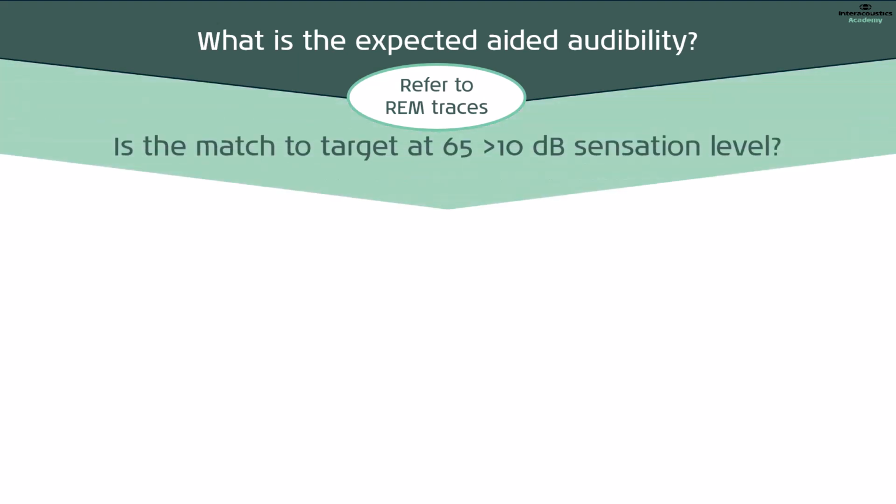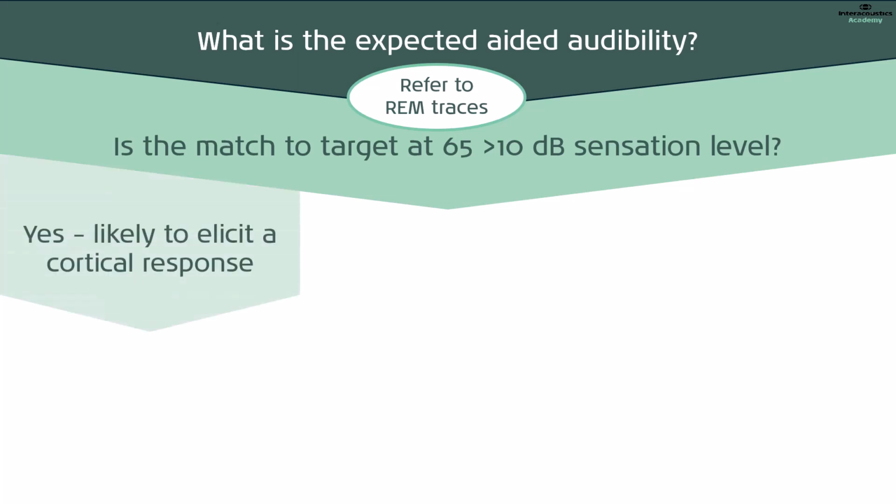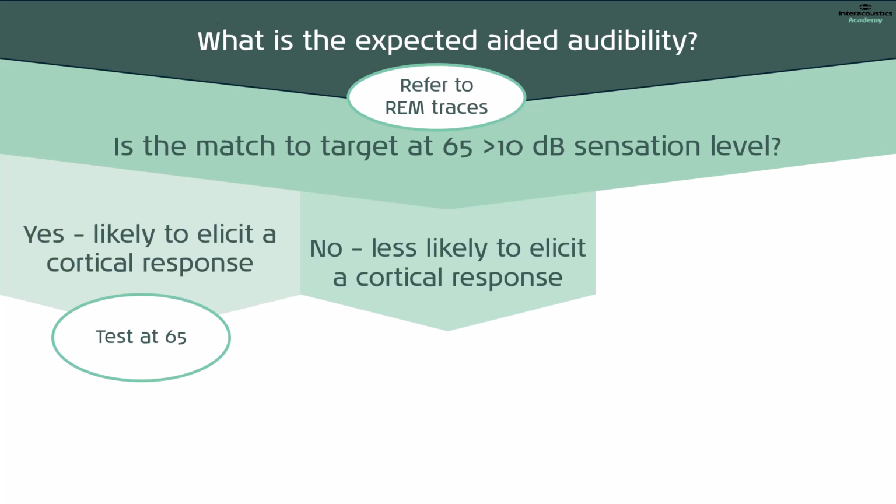Using the 65 match to target is a good starting point. If audibility is likely based on the hearing aid output being greater than 10 dB above threshold, then testing at a 65 dB speech reference level is an advisable initial testing level. If the hearing aid output at 65 is less than 10 dB above threshold, then a cortical response is unlikely to be elicited.